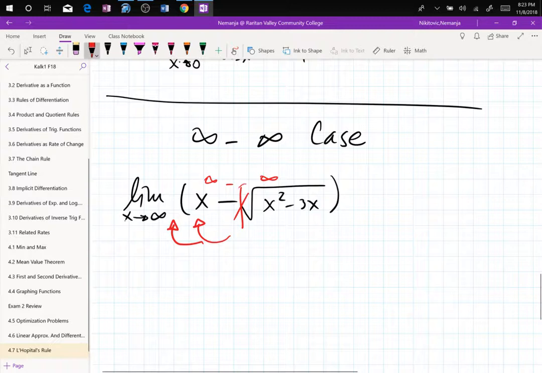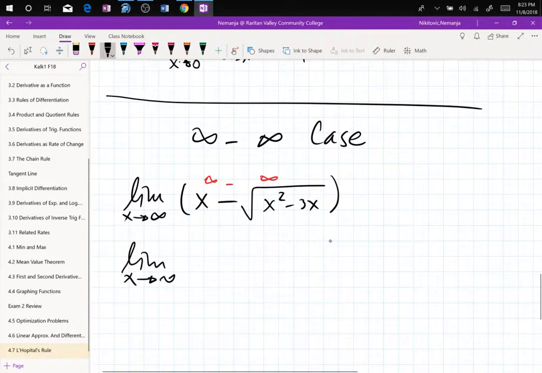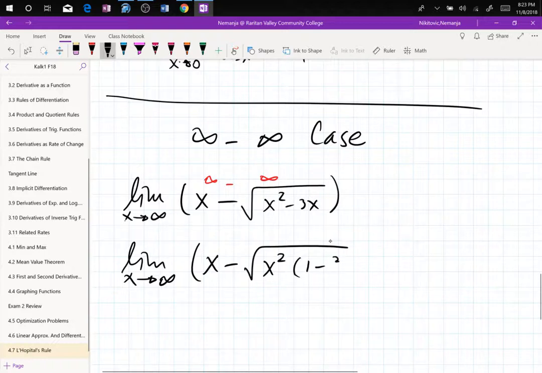So now I need this x. That x has to come from here, so I need to fix that. It's a ripple effect, right? When you have what you want and what you have, and then you go through steps. So limit as x goes to infinity of x minus, and over here I am factoring x squared, which gives me 1 minus 3 over x.